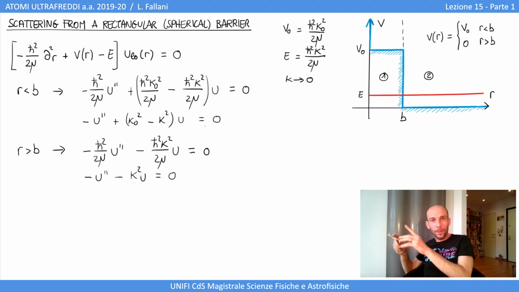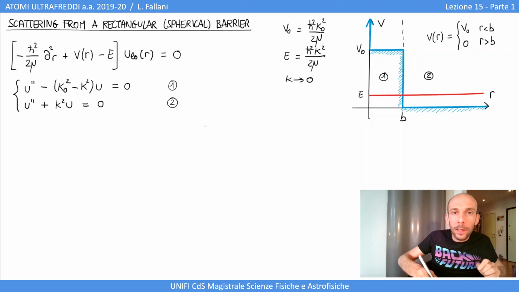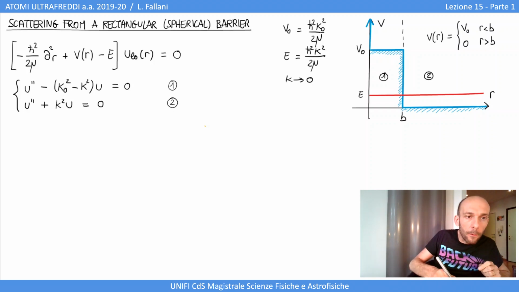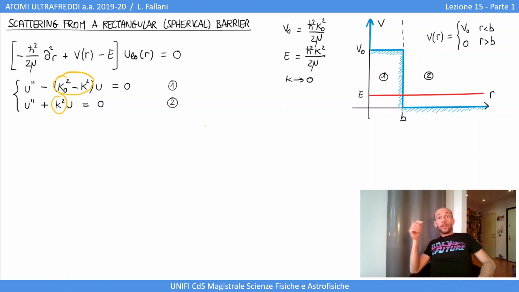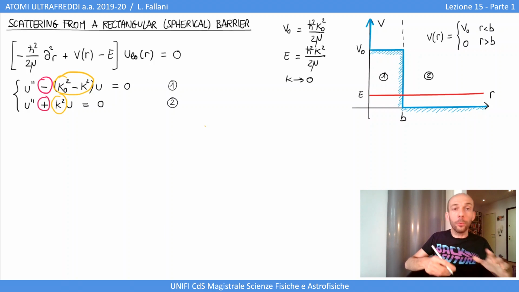So let me free some space and rewrite only the equations like this. And so you see that these equations are rather simple and they have the same structure. The only difference is the sign, in the sense that this quantity is of course a positive quantity, but also this quantity is positive. And so the difference between the character of the two solutions, in region 1 and region 2, will be given by the minus or plus in front of the u term.